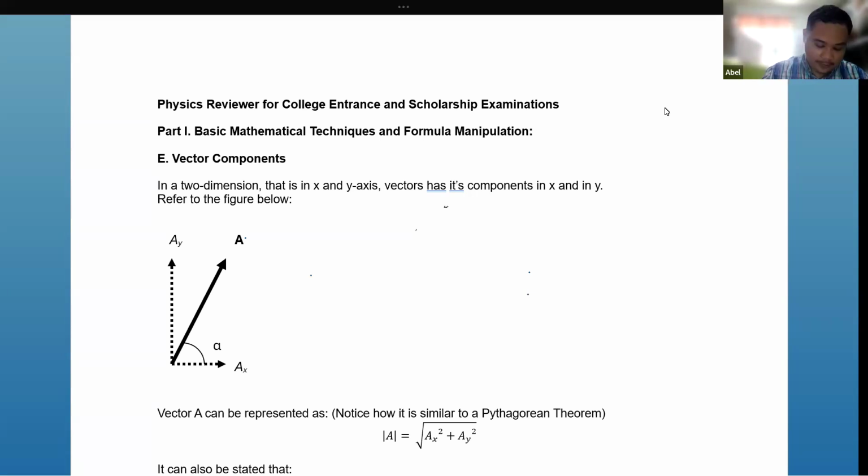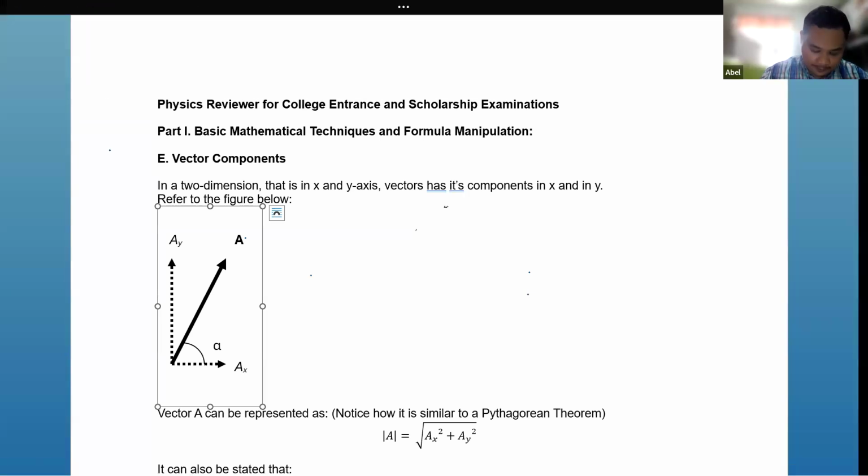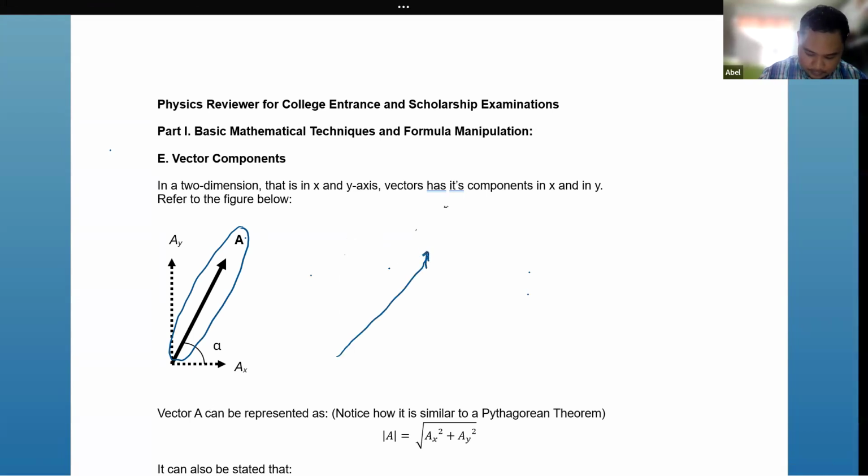From here we have the AY and then AX. So if we have here the vector A, this AY can be transferred here.